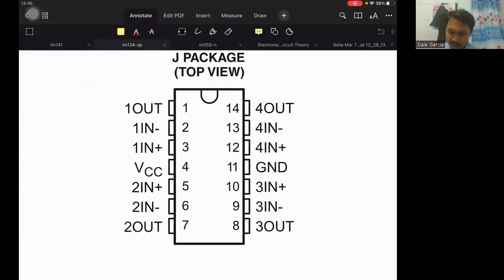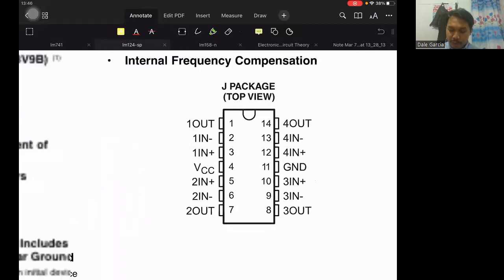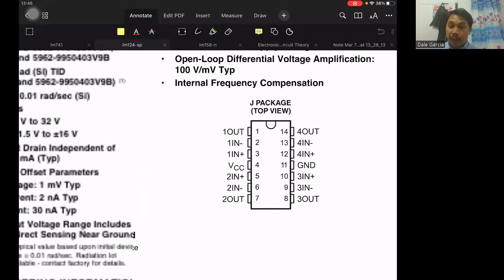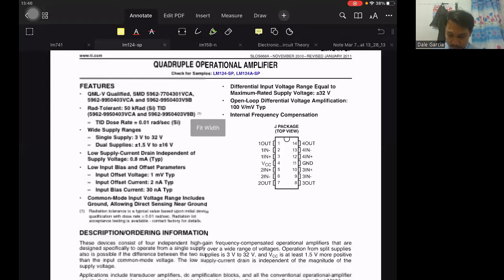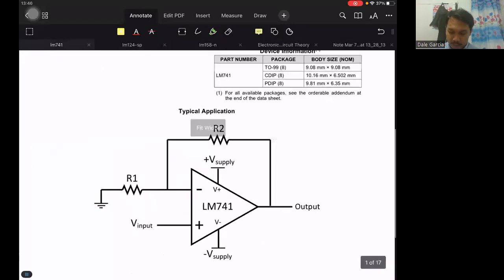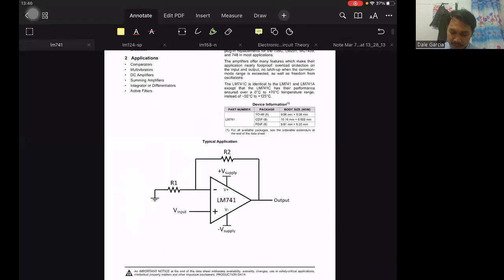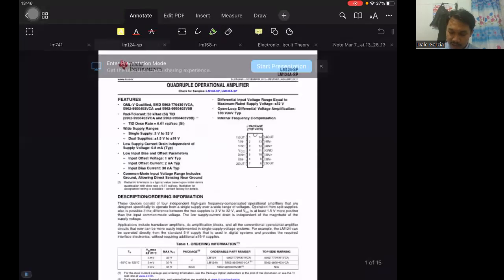Later I'll draw where the four op-amps are. Unlike the 741, which only contains 1 op-amp, as in our exercises and examples, the schematic diagram for the op-amp. Inside the 741 IC there is only one, while inside the 124 IC there are four.